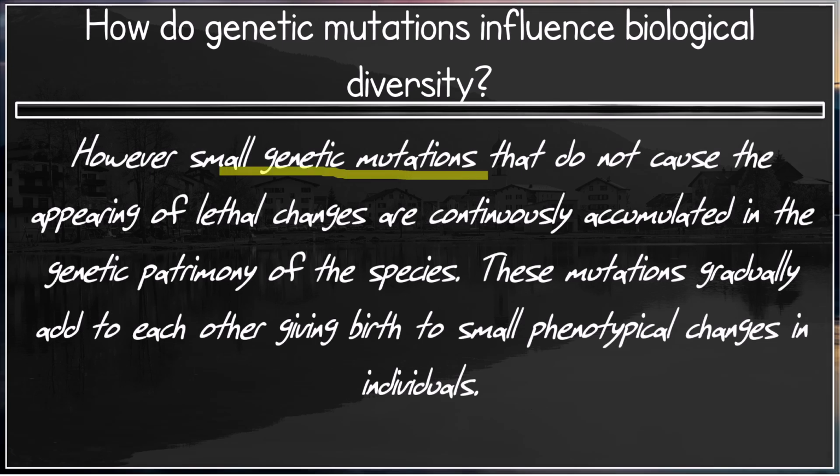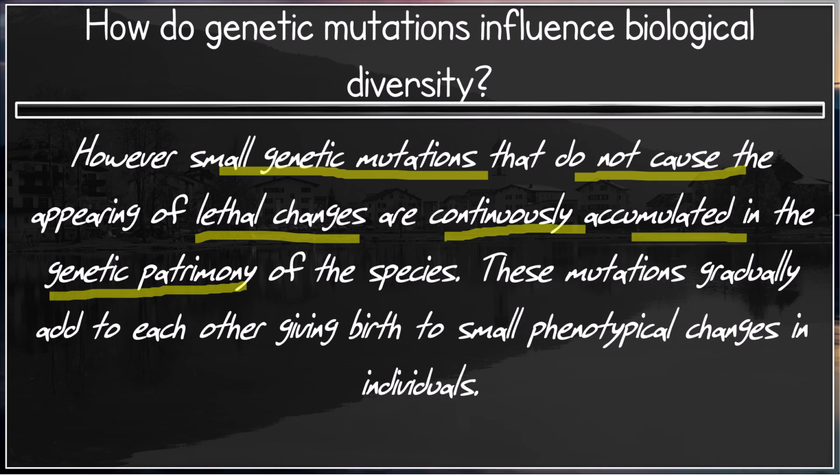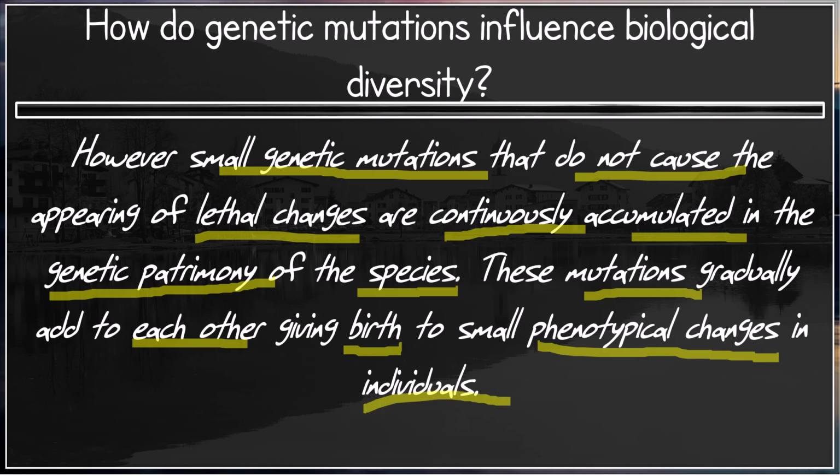However, small genetic mutations that do not cause the appearance of lethal changes are continuously accumulated in the genetic patrimony of the species. These mutations gradually add to each other, giving birth to small phenotypical changes in individuals.